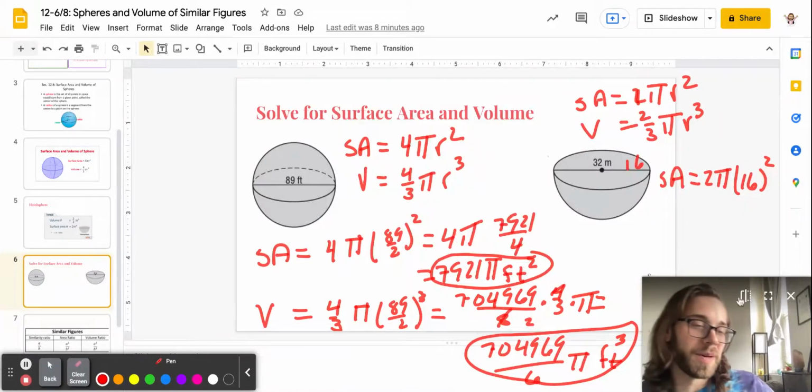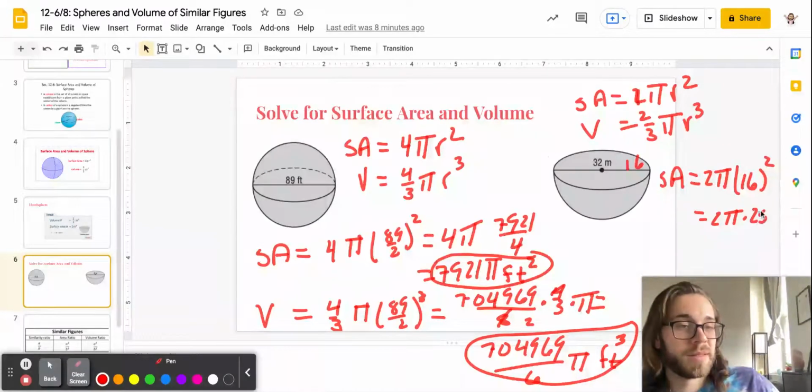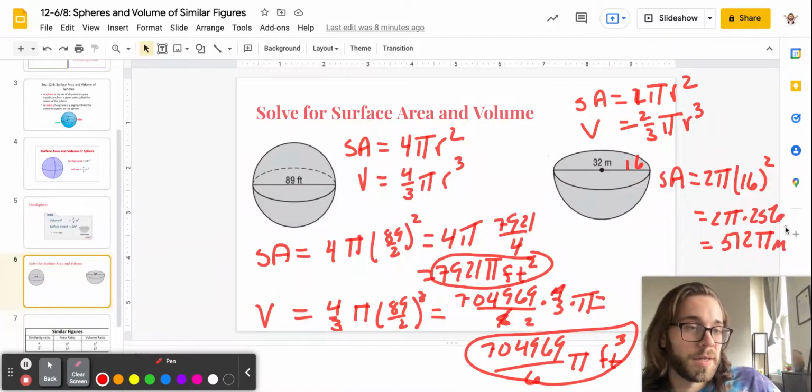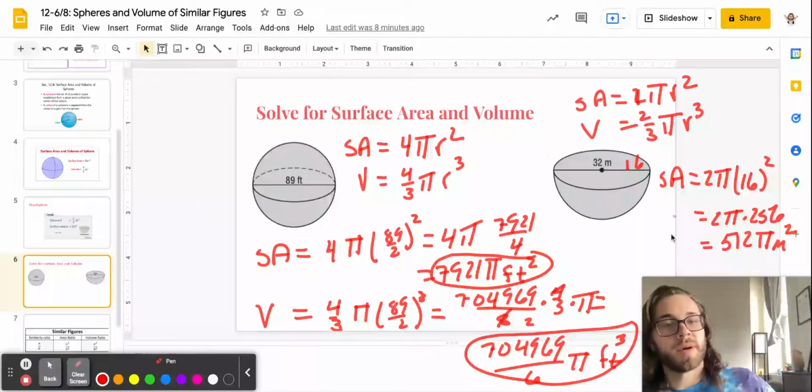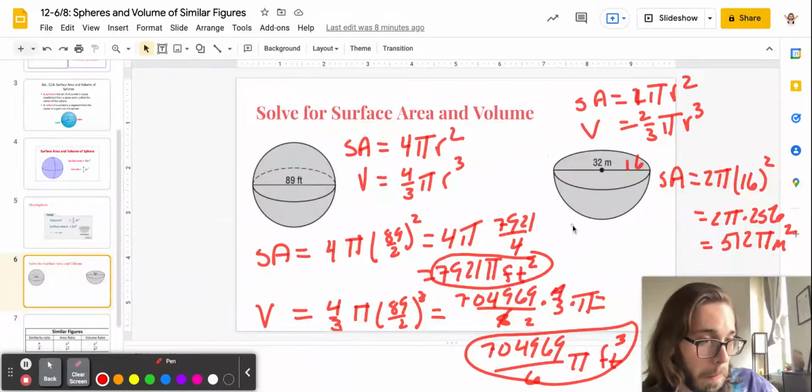You just saw me look over because I sometimes screw it up. I always want to say 216 for some reason. Anyway, it is 256. So that is 512 pi meters squared. I appear to have run out of room, but wait, I can fit it in.